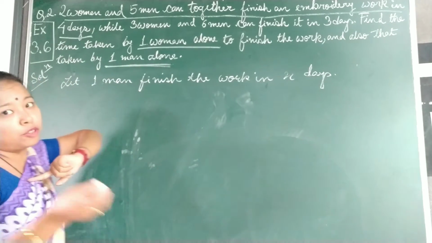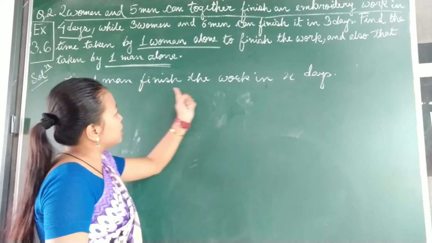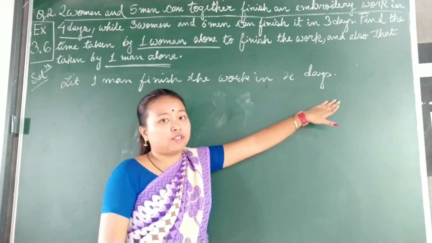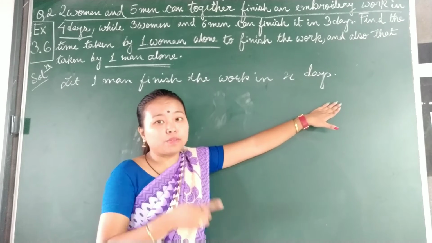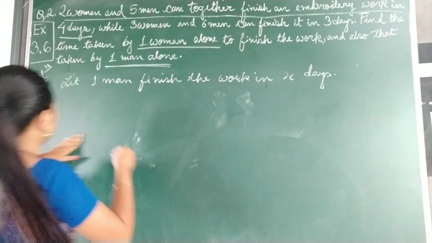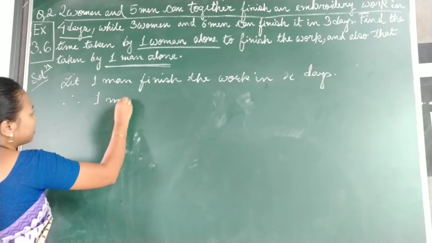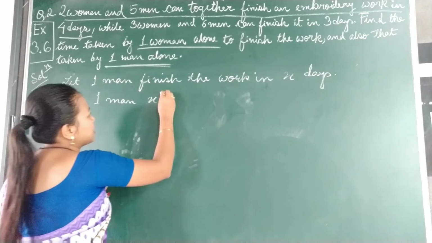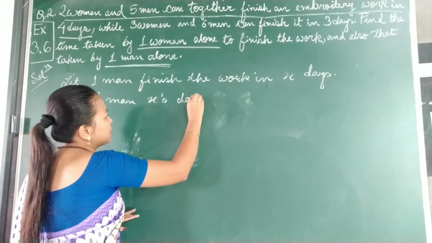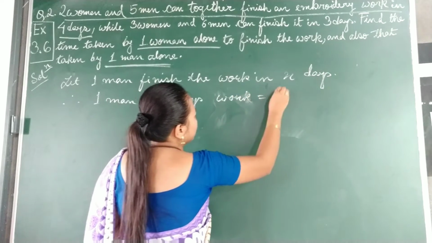So at first, let 1 man finish the work in X days. We have to first assume that 1 man finishes the whole work in X days. Then 1 man's X days work is equal to 1.